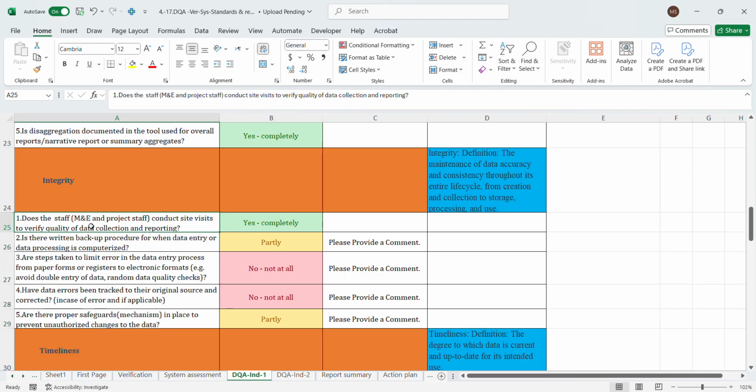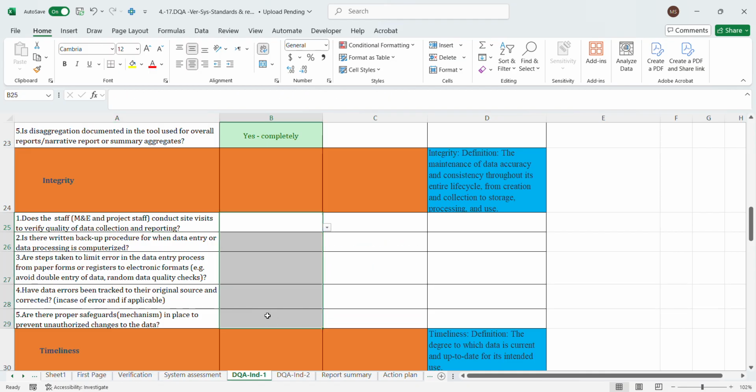The first one is, as usual, let me start from scratch and remove the already filled data. Does the staff, M&E and the project staff in this particular case, which are working on that particular project, conduct site visits to verify quality of data collection and reporting?